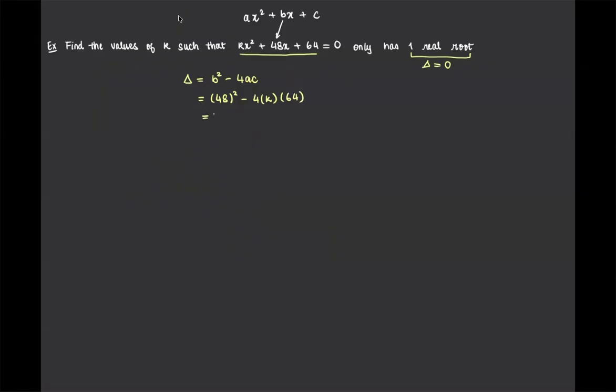Okay, and that must equal 0, which means that 48 squared, or 2,304, minus 4k times 64, or 256k, equals 0. Okay, and now I can just solve for k. So k must be equal to 2,304 over 256, which equals 9. So therefore, k equals 9. And that's my answer.